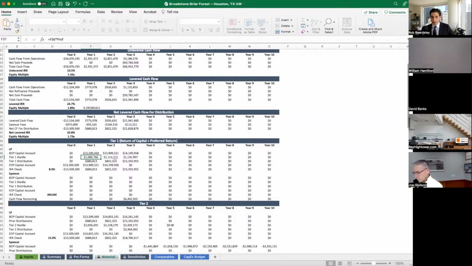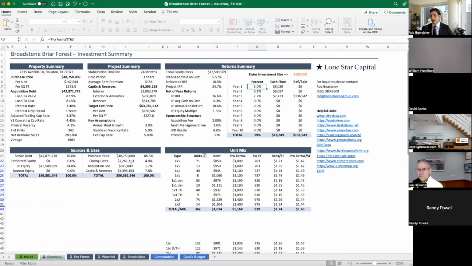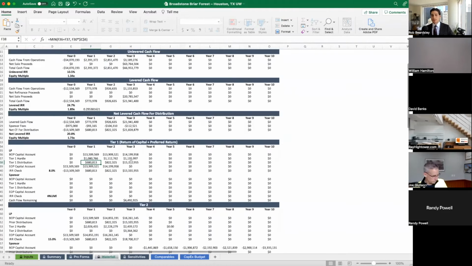Now, based on our projections on this deal, what is projected to be distributed in year one is $680,000. Now, if I go back to our summary page, that's a 5% cash on cash, right? So we see that the difference between the preferred return of 8% and what is actually distributed, which is 5%, is 3%. There's a 3% shortfall. And you can clearly see it: $1,080,000 versus $680,000. Now, that $400,000 difference, how do we account for it?